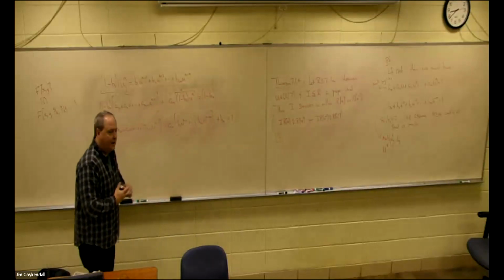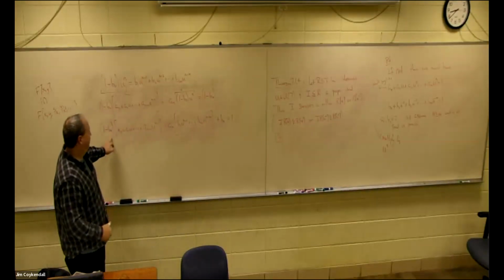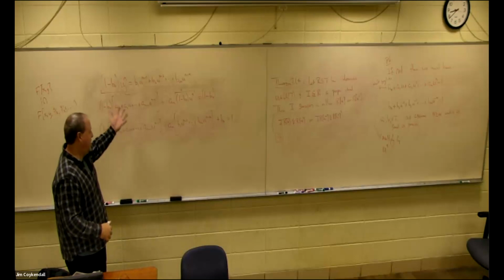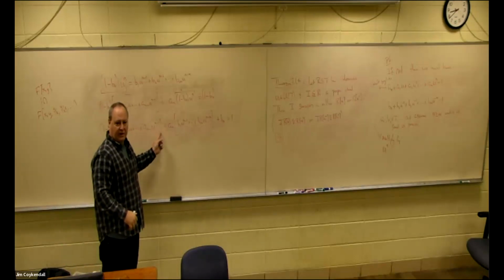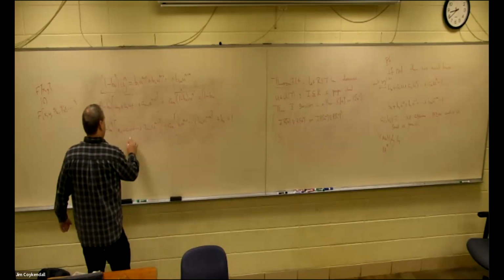How about that? So now I have an equation and it is a huge mess, but notice that none of the powers of U exceed n minus 1. So this contradicts minimality.